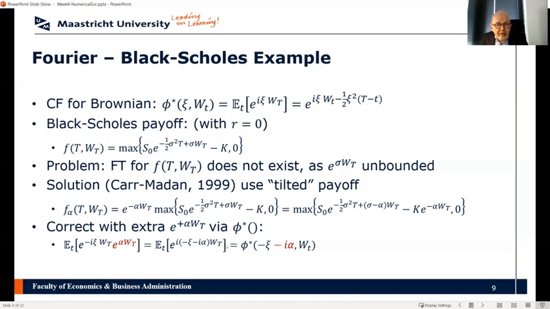I am now evaluating a characteristic function. I am taking e to the power i times some argument times Wt, and therefore this extra plus alpha Wt I can deal with by shifting the argument in my characteristic function from minus xi to minus xi times minus i alpha.